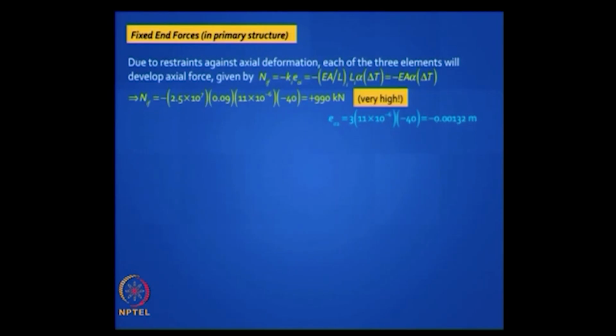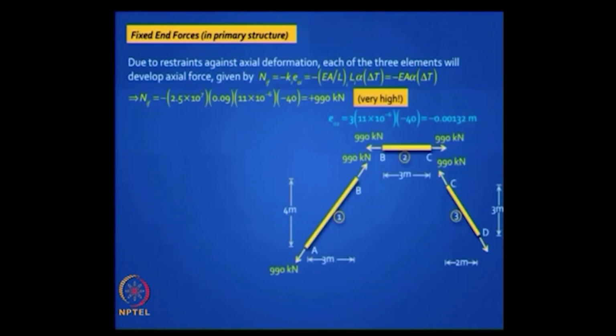So let us see, you must get a physical understanding to really understand this problem in its entirety. So these are the forces that you will get in those 3 elements if you were to arrest the degrees of freedom, right. All 3 elements will have a force of 990. How do you convert this to loads on the structure?